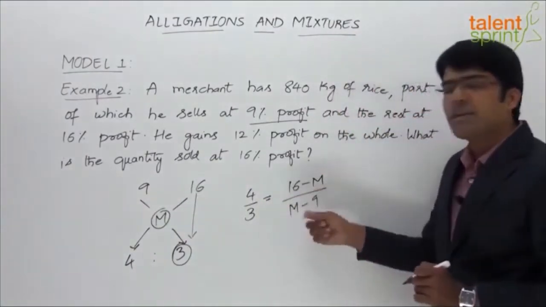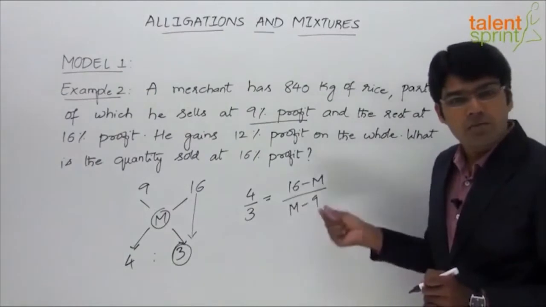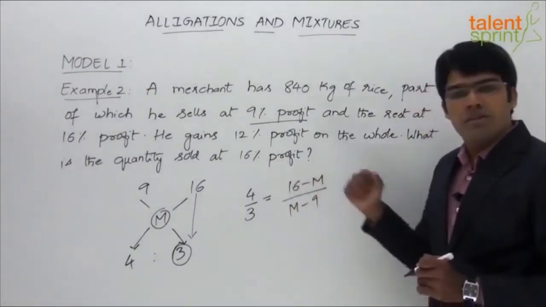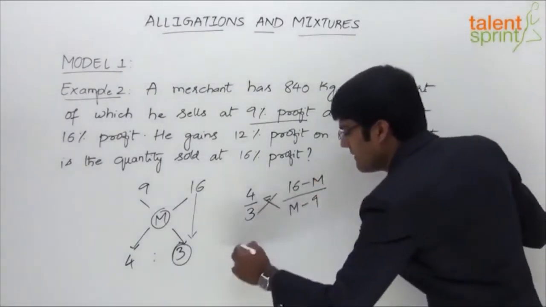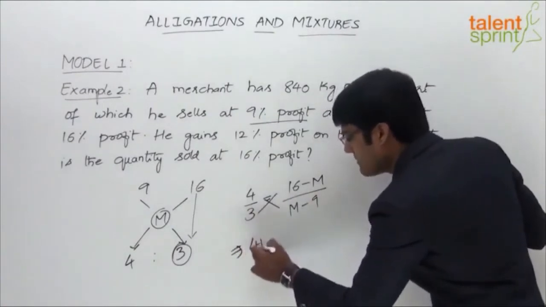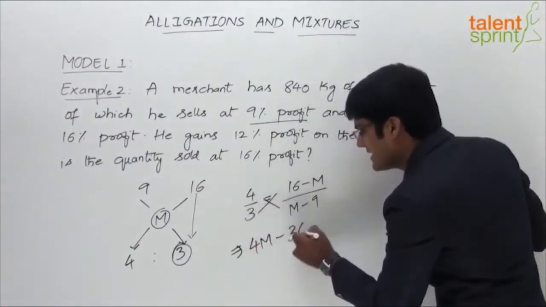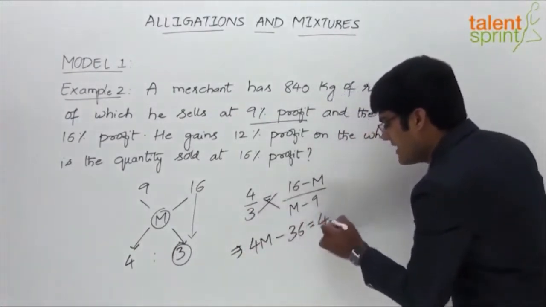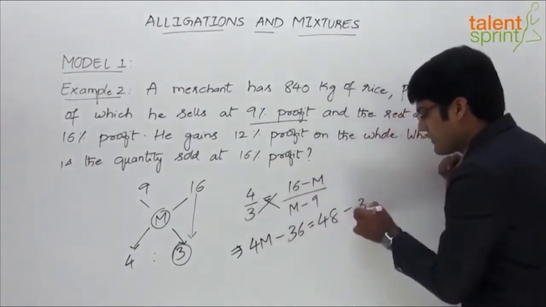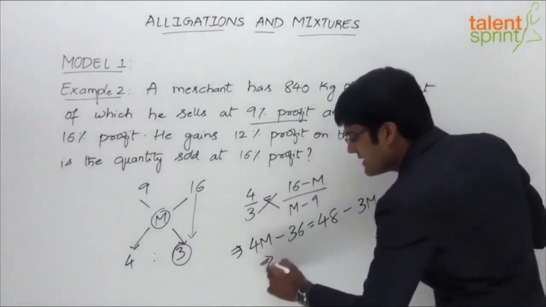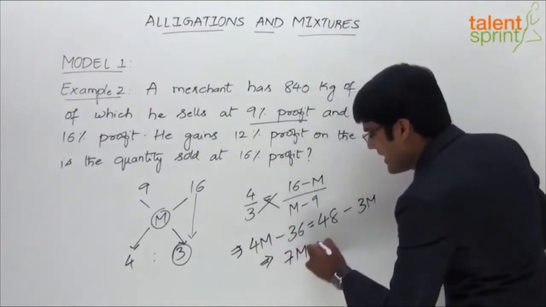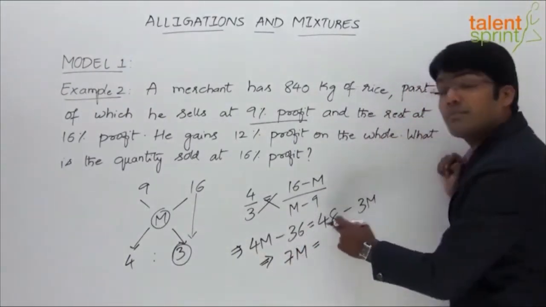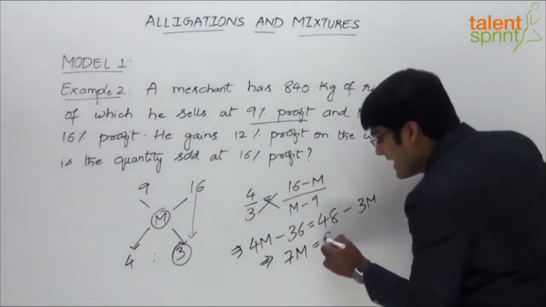Now by cross multiplication we can find out the value or the profit on the overall mixture. So when we cross multiply, we get 4M minus 36 will be equal to 48 minus 3M. So this gives 4M plus 3M, 7M will be equal to 36 plus 48, which is 84.